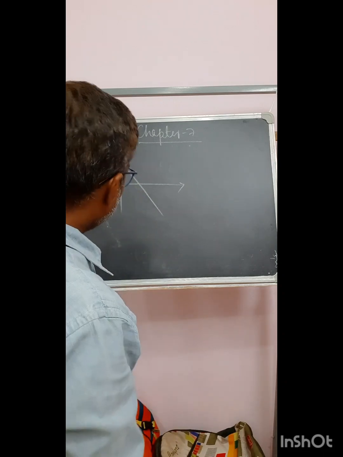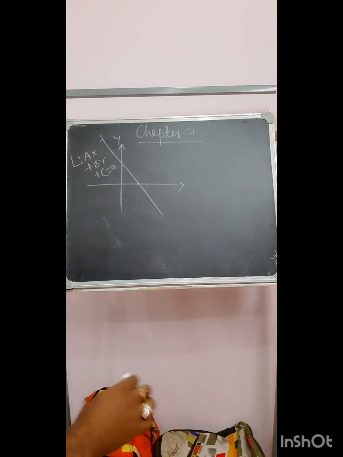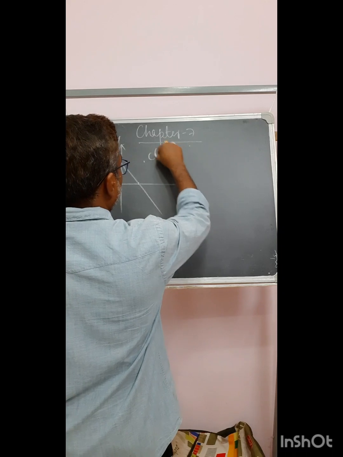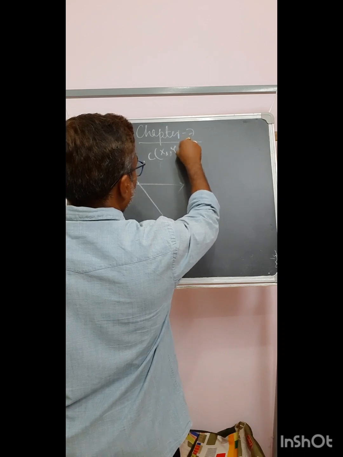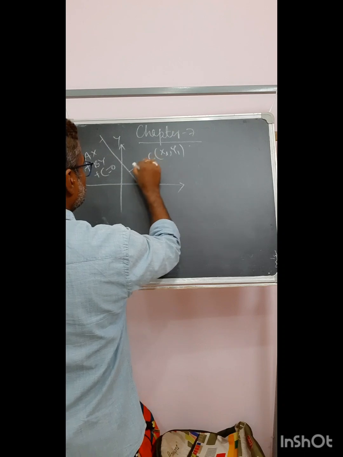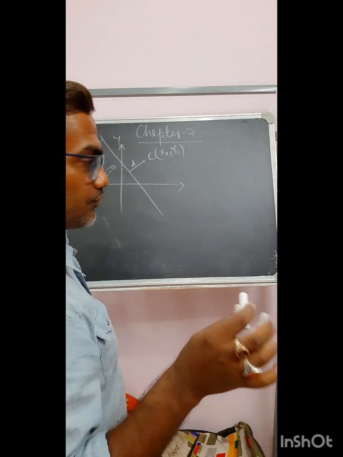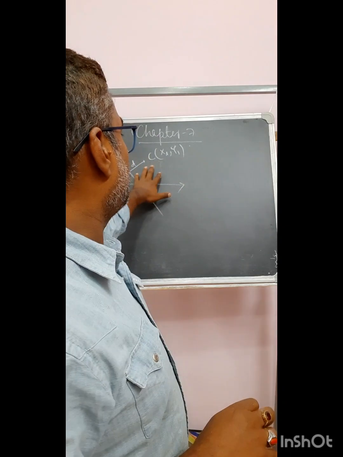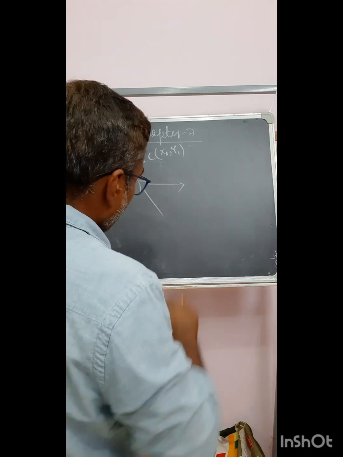This line will cut the y and x axes at certain points. Assume that I have one known point, C, given as x1 and y1 as its coordinates, and from there I have to find the distance, let's say d, with a formula. That means I have to derive a formula which will give a direct method of calculating the distance from any point.